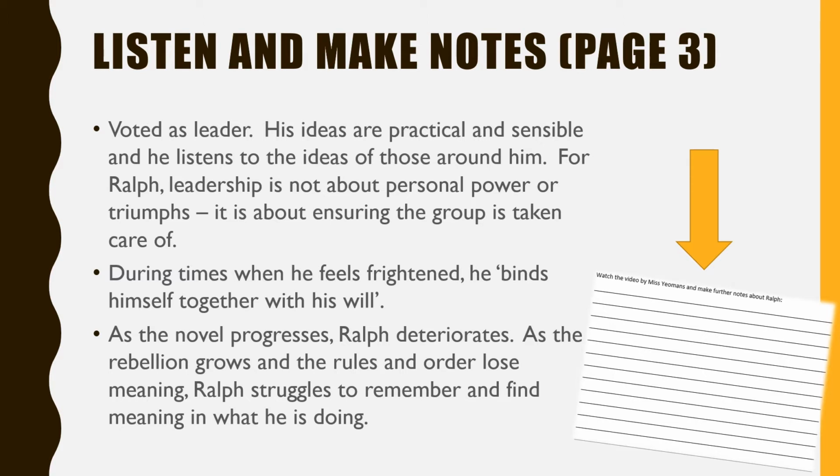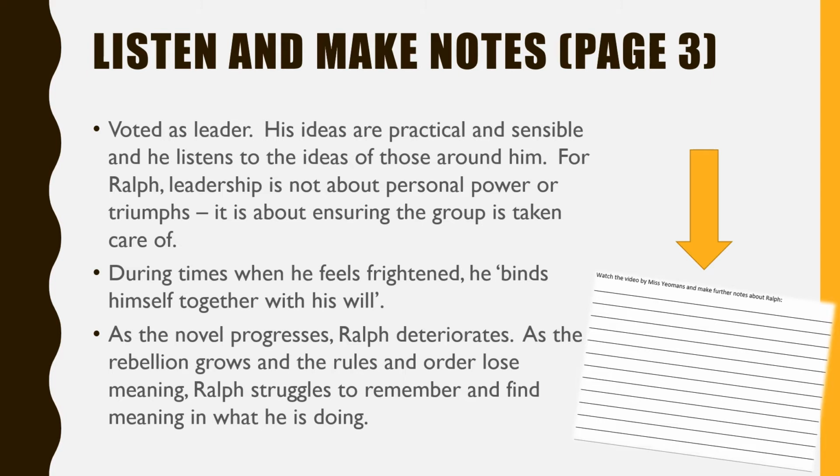At the end of the novel, when the Royal Navy officer comes to rescue the boys, Ralph is incredibly emotional. I want you to just make a note of this word, wept, W-E-P-T, and it kind of means to cry uncontrollably. Ralph wept. And what that tells us is that Ralph is just absolutely consumed. He's overwhelmed by all that has taken place on the island.